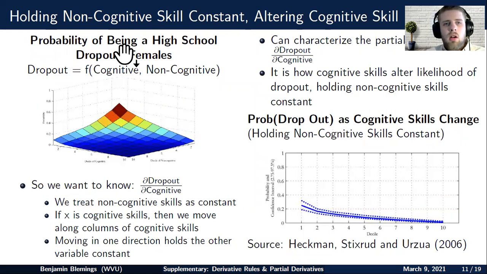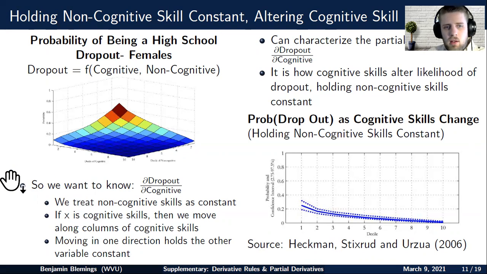Anyway, so in this plane, we have dropout being a function of two variables, cognitive and non-cognitive skill. Let's say we want to know the partial derivative of dropout with respect to cognitive skills. That is, for somebody who has the same non-cognitive skills, but we just change their cognitive skills a little bit, how does that affect their probability of dropping out?